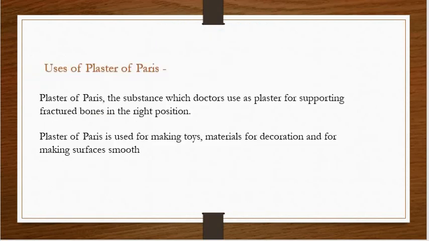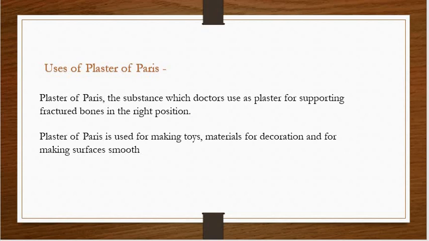Uses of plaster of Paris. Plaster of Paris is the substance which doctors use for plastering, for supporting fractured bones in the right position. Plaster of Paris is also used for making toys, for decoration and for making surfaces smooth.